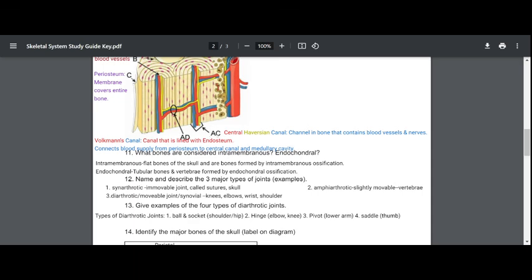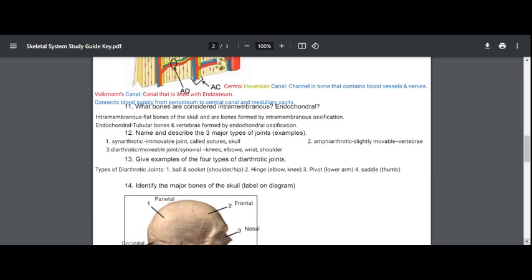Over here we have AC, which shows the central Haversian canal, a channel in bone that contains blood vessels and nerves. AD, we have Volkmann's canal that is lined with endosteum. It connects blood supply from periosteum to central canal and medullary cavity.